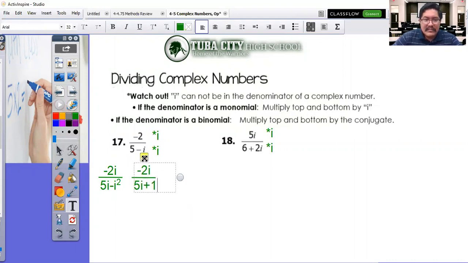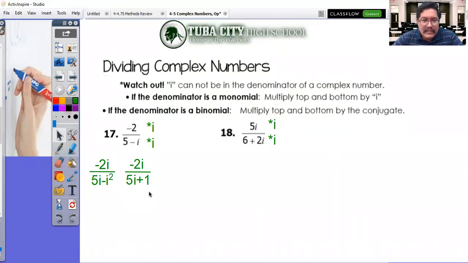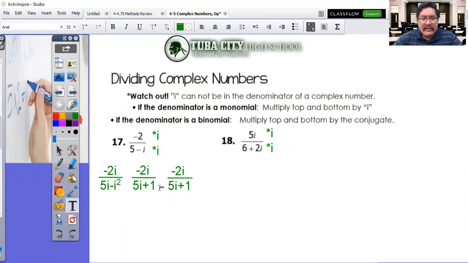So now we have much smaller numbers to work with. Now I should also switch these two on the bottom, so I'm going to get 1 plus 5i. Just move the 1 over to this side.